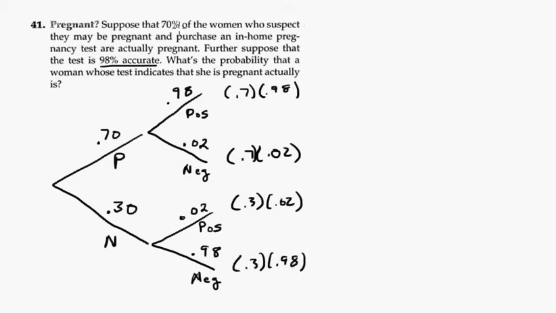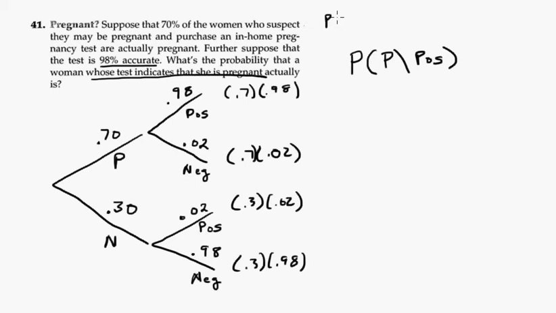Alright, so now let's look at what's the probability that a woman whose test indicates that she is pregnant actually is. So what's the probability that she's pregnant given that the test was positive? Okay, so that's a conditional probability.